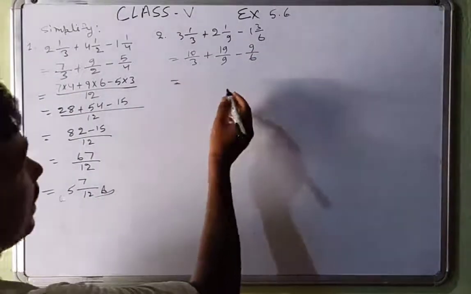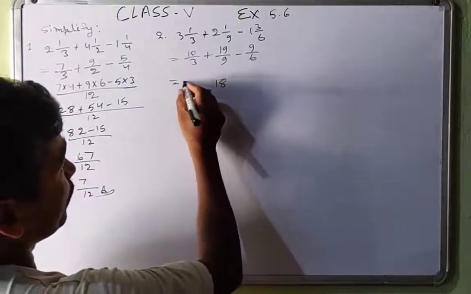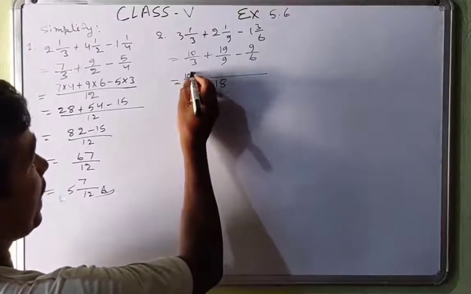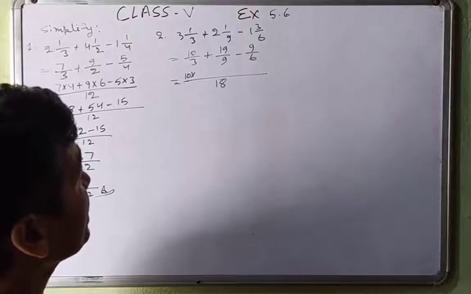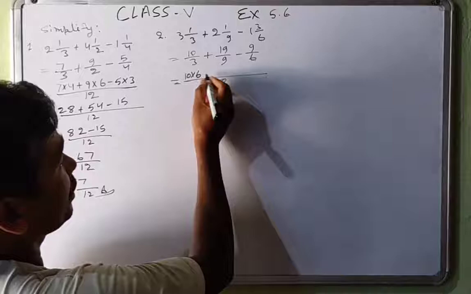And then the LCM will be 18. You can find the LCM here. So 10 multiply, read the table of 3, 3 sixes are 18, 18 comes in 6 times, so 6.